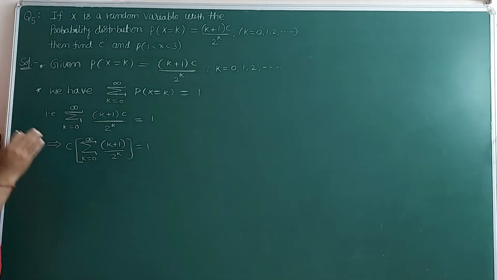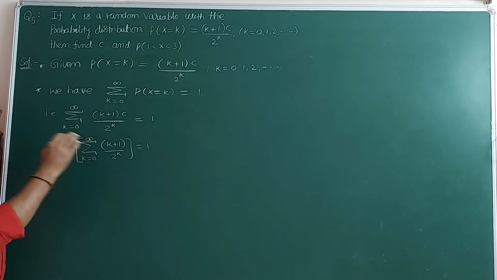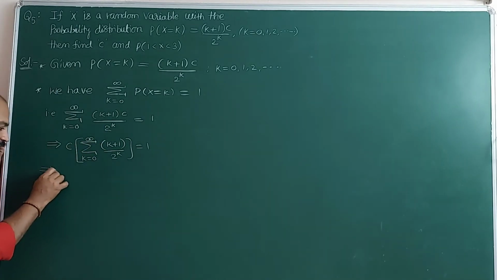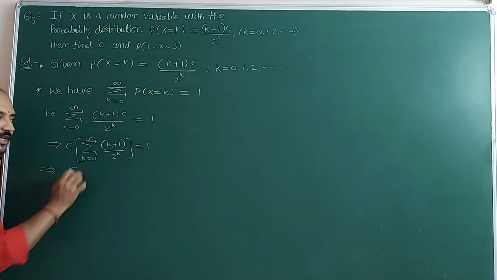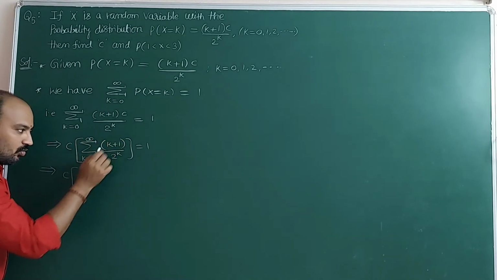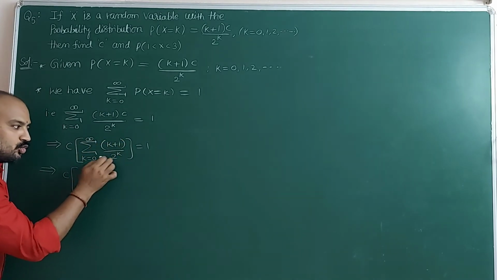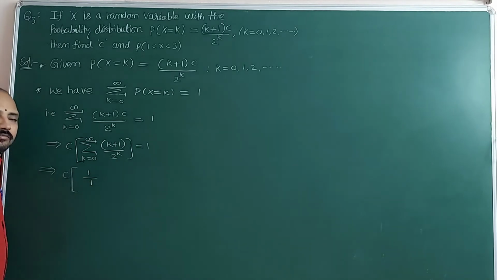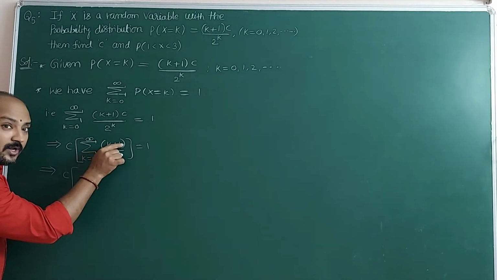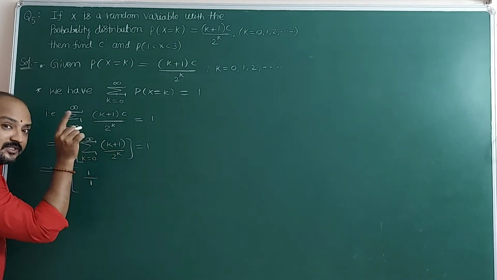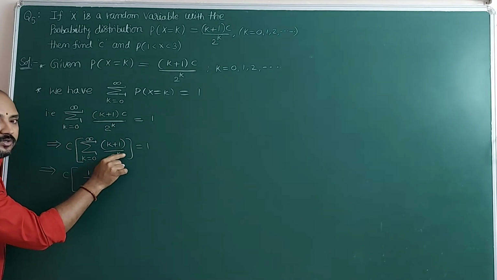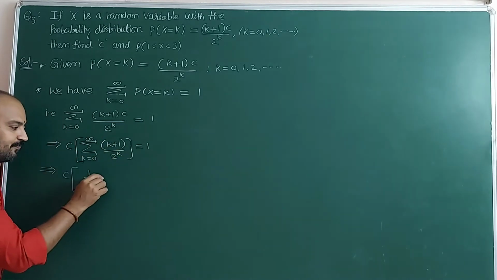So now k is equal to 0, 1, 2, 3, 4. We will substitute. c into, for k is equal to 0, 0 plus 1 is 1 by 2 power 0, and 2 power 0 is 1.